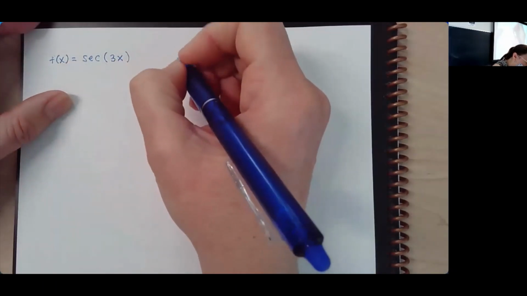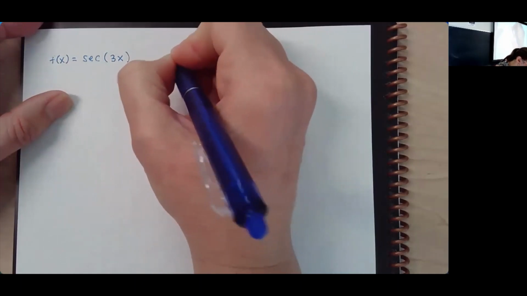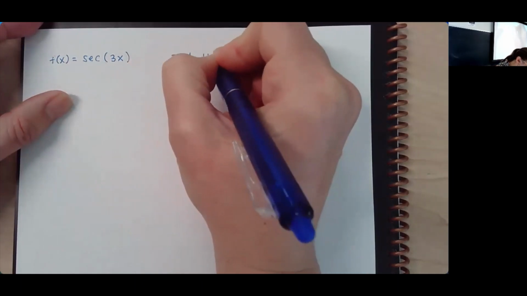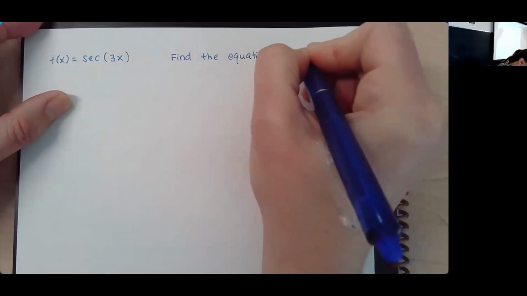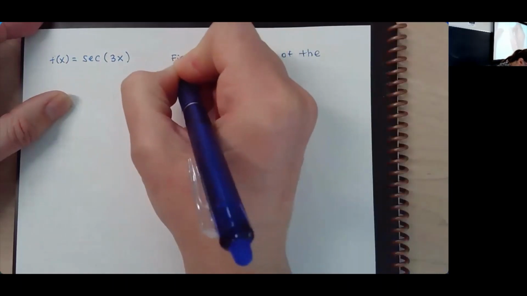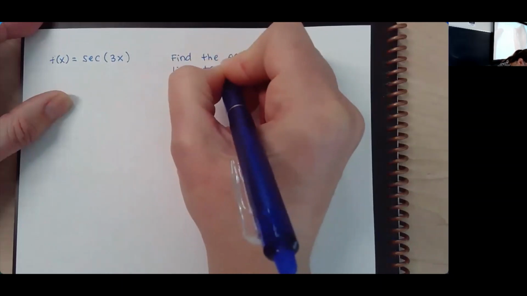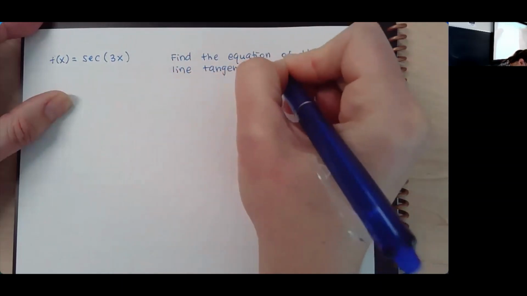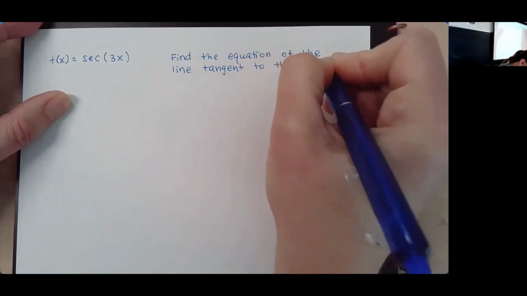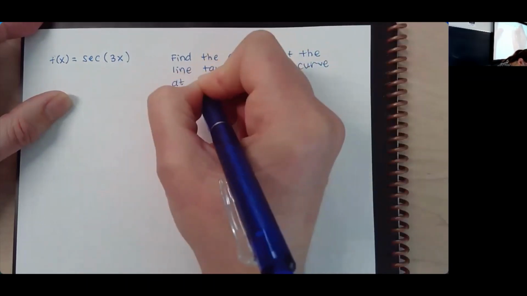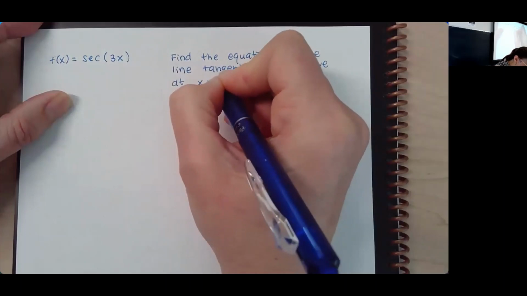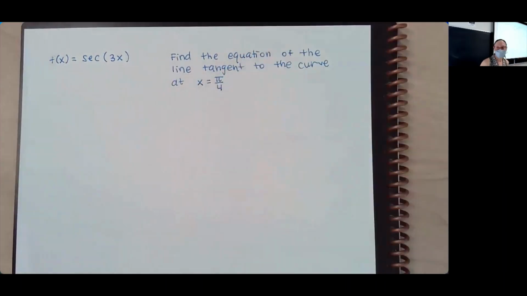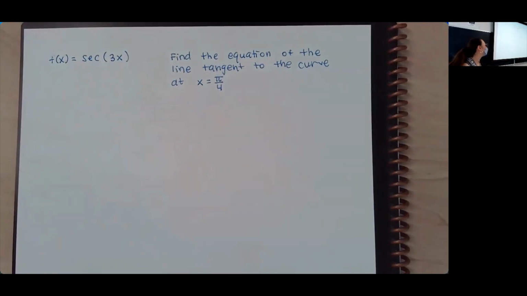And let's, just for fun, find the equation of the line tangent to the curve at x equals pi over 4. Just for fun.